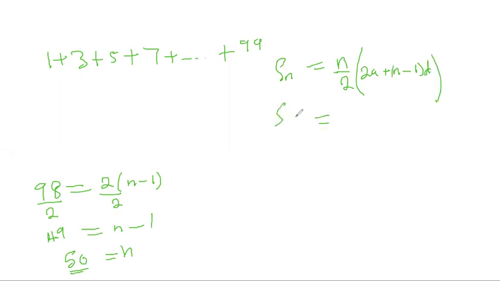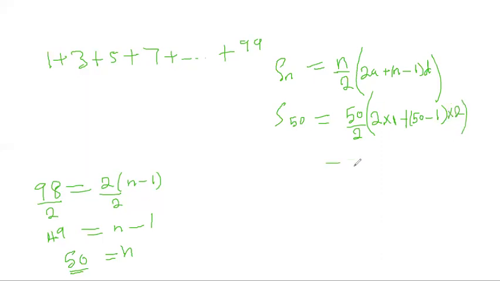So sum of 50 terms is 50 over 2, because the n is 50, into 2 times 1, which is the a value, plus 50 minus 1 times d, which is 2.